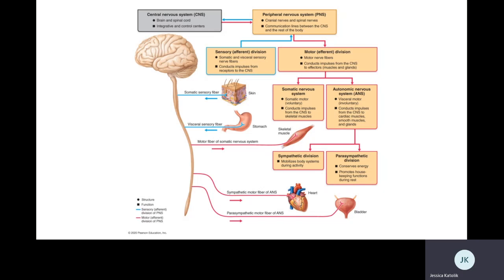S stands for salivate, L stands for lactate, U for urinate, the first D for digest, and the second D for defecate. So as you can see, it's going to do a lot of the relaxed, chilling out kind of things you do in your day-to-day life. So those are the things that the parasympathetic nervous system controls.